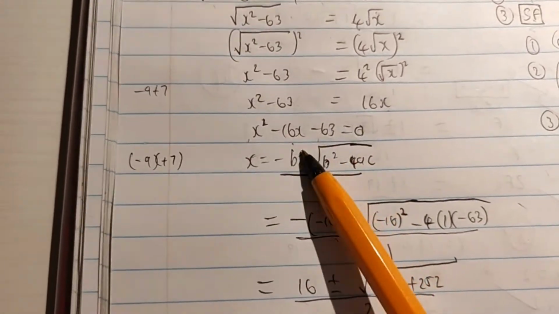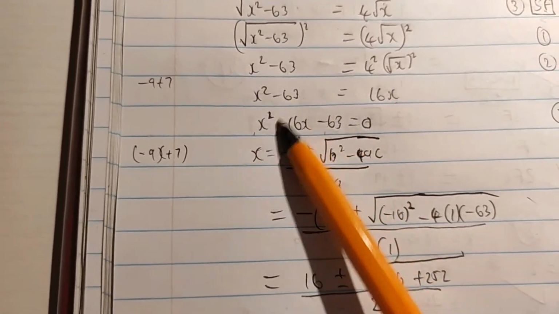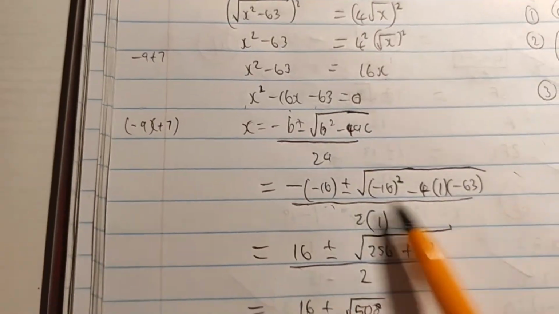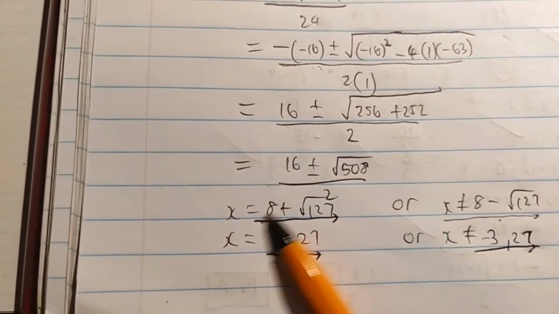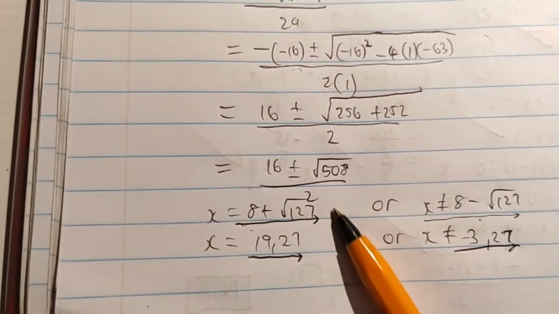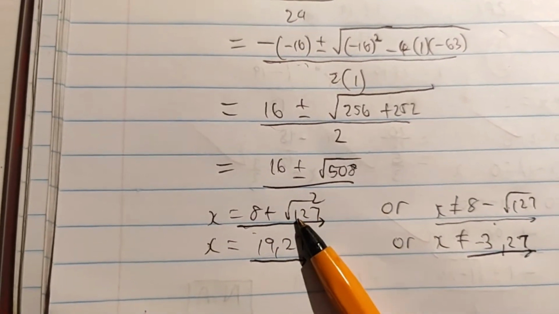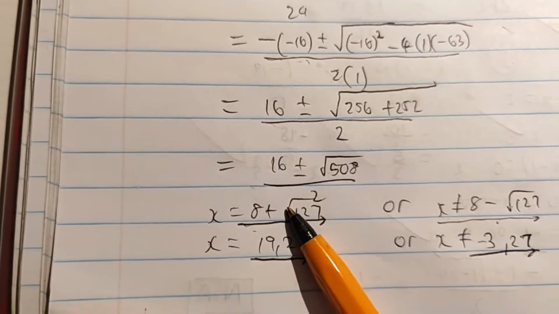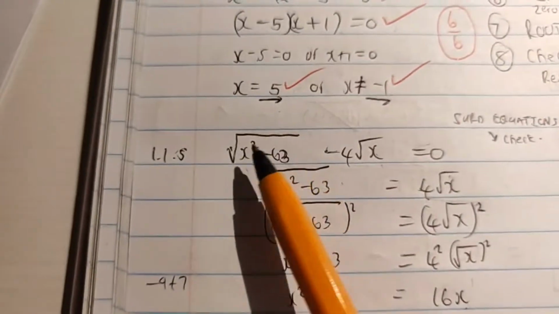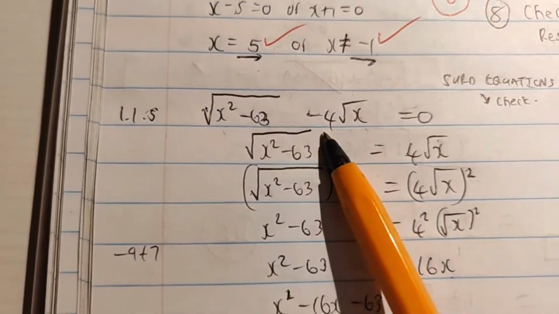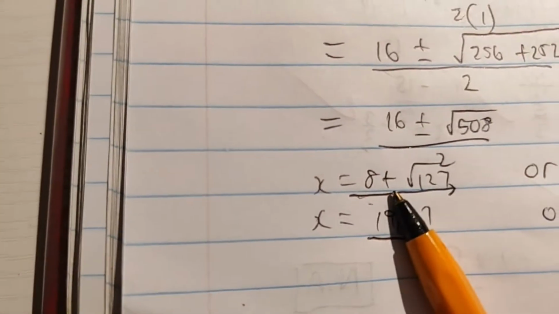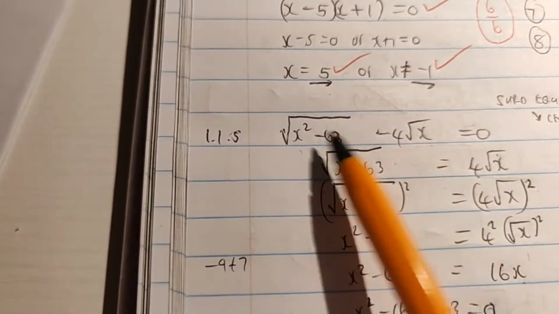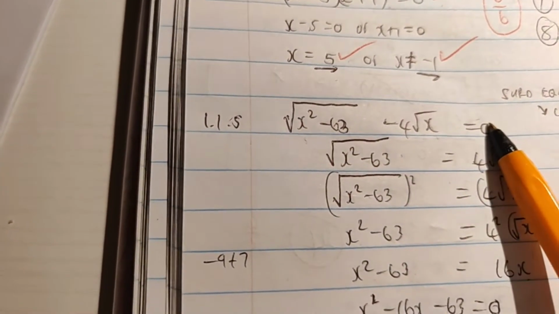You substitute a, b, and c. A is 1, b is negative 16, c is negative 63. You substitute correctly using brackets. You simplify, you get the answer. You use the surd form of the answer to substitute into the original equation and see which one satisfies the equation. So when we substituted 8 plus root 127 in the place of x, we saw that it satisfies the equation, we get 0.